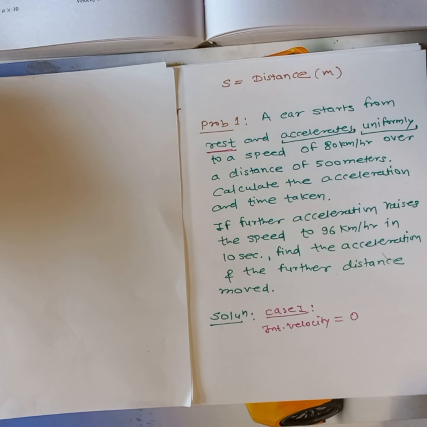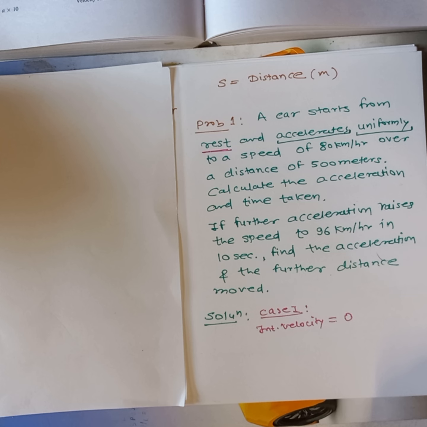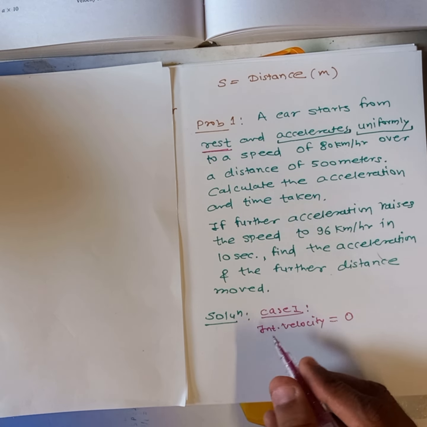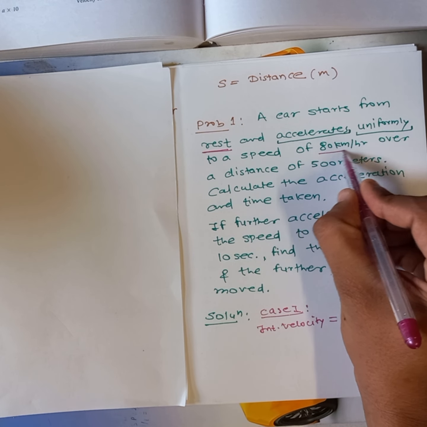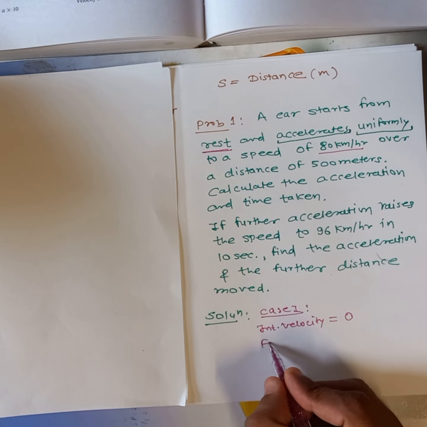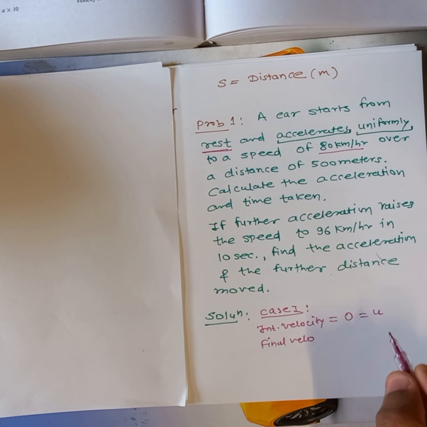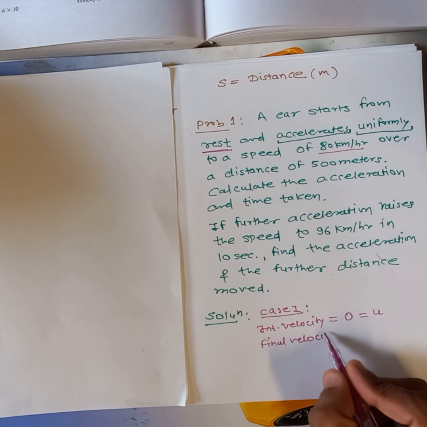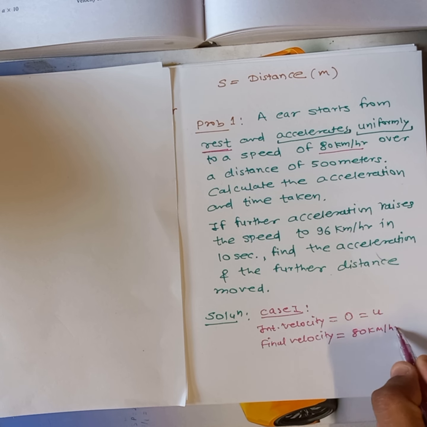It is at a stagnant position, at rest, so initial velocity is 0. Then it accelerates uniformly to a speed of 80 km per hour. So this is the initial velocity U, and the final velocity V is 80 km per hour.